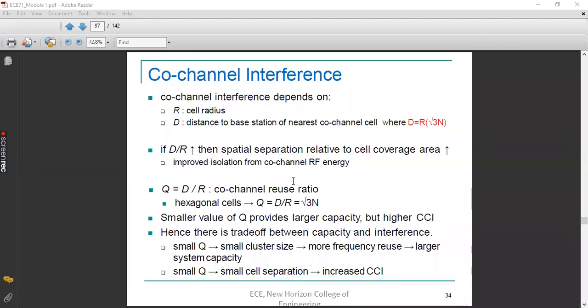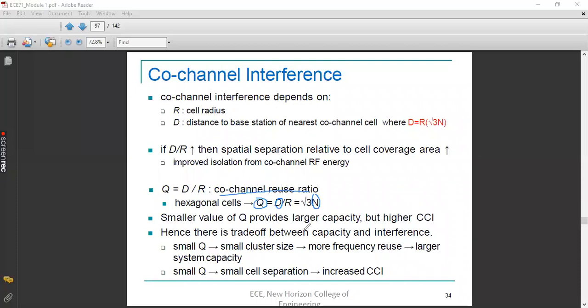Capital N is known as cluster size. Cluster size is the number of cells in one cluster. So if you increase the value of N, you can increase D. Increasing D means the co-channel cells are far apart from each other, means minimum interference, so quality will increase. This D by R ratio is called Q, otherwise known as the co-channel reuse ratio.